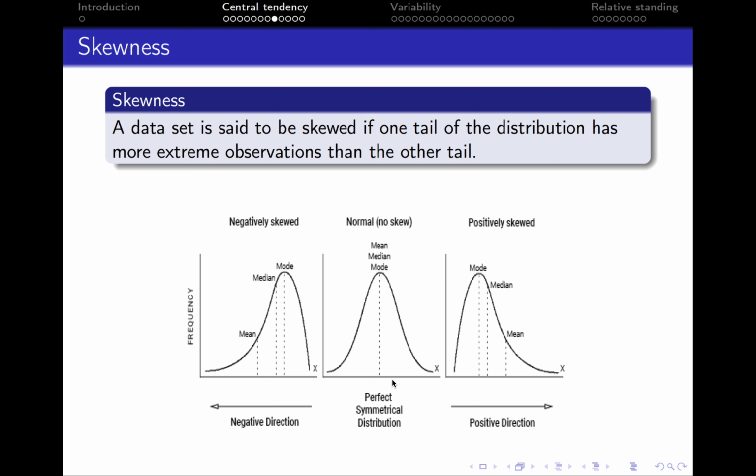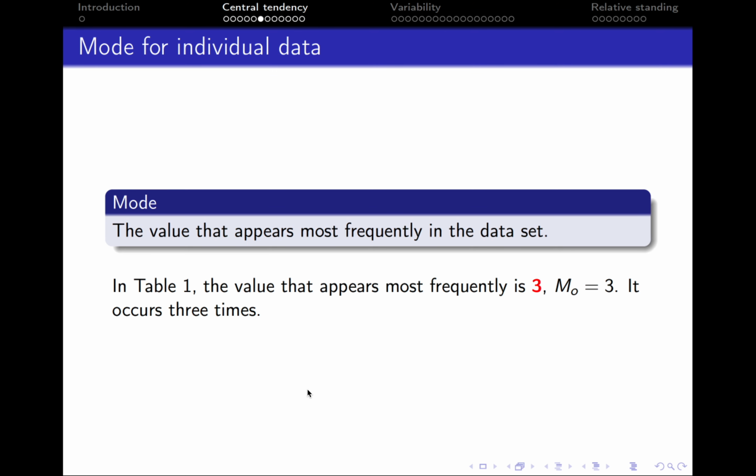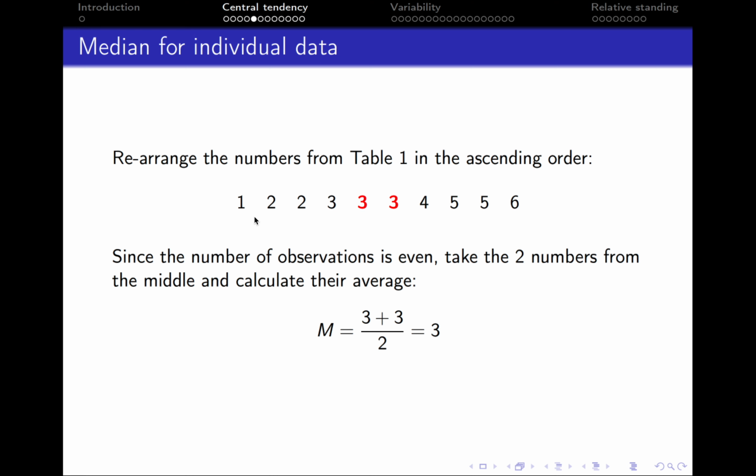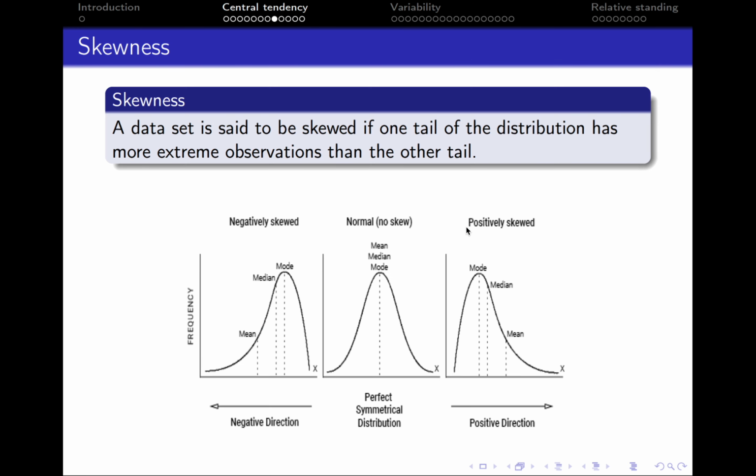Technically, it's very easy to construct these graphs. This is a histogram that we are familiar with. On the horizontal axis, we put each individual value from the data set. In the case of my data set, I would put the values 1, 2, 3, 4, 5, and 6 on the horizontal axis. And on the vertical axis, the frequency axis, I will put how many times this specific number appears in the data set.